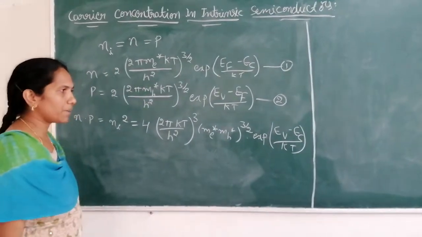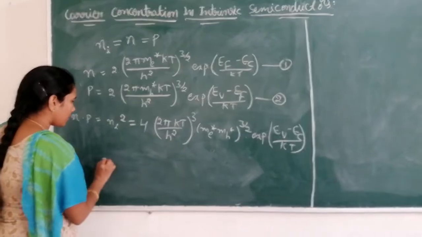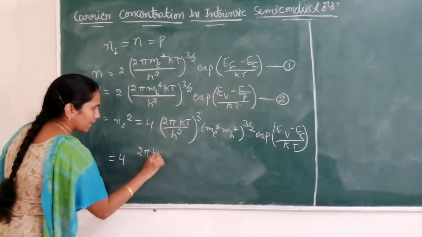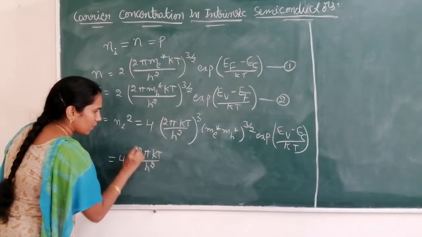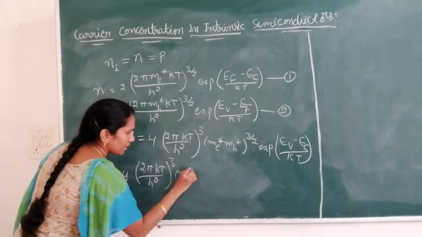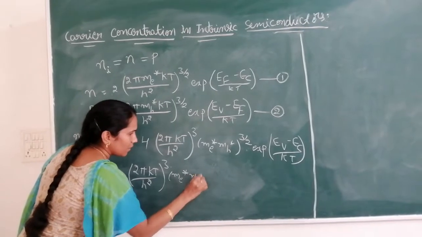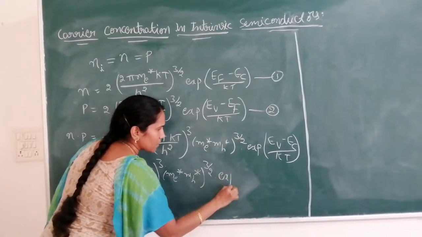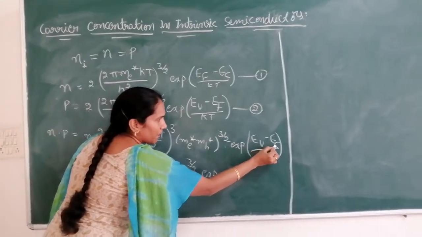Which is equal to 4 into (2 pi kT by h square) whole power 3 into (Me star Mh star) whole power 3 by 2 into exponential of, see here we have EV minus EC.